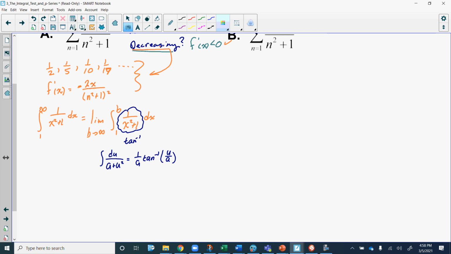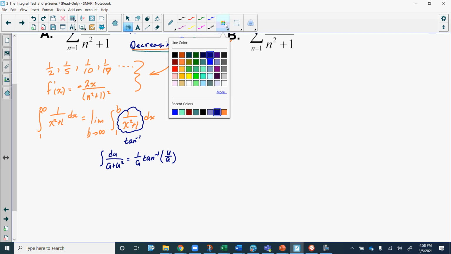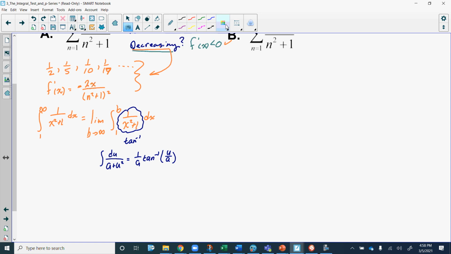So when I take the integration of 1 over x squared plus 1, I'm going to end up with the limit as b approaches infinity. In this case, because a is 1, we're going to get 1 over 1, so I don't need to write the 1. Tan inverse of u, in this case, is going to be the x value over a, which is 1.